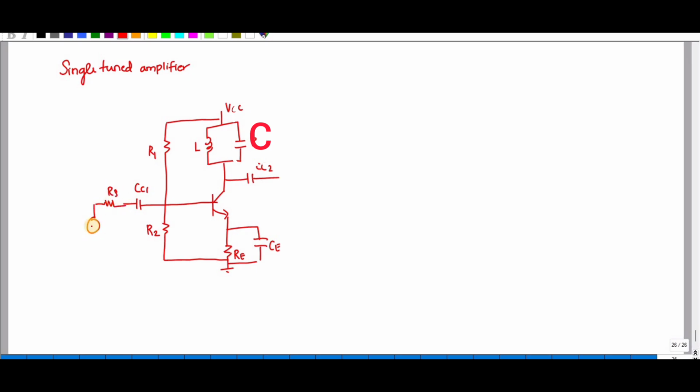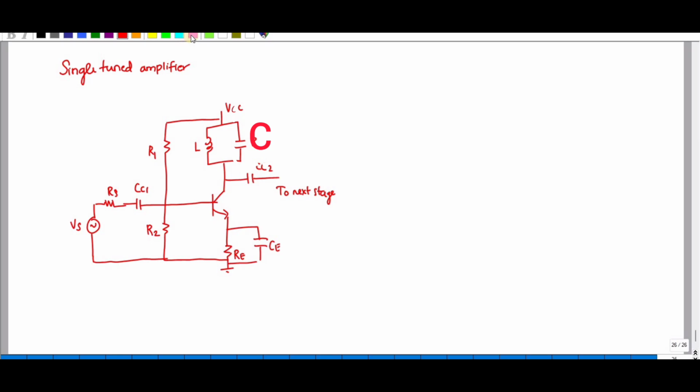This coupling capacitor will block the DC signal and it will pass only the AC signal. This one is connected to the next stage of the single tuned amplifier circuit, and each of these tuned circuits is tuned to the same frequency.